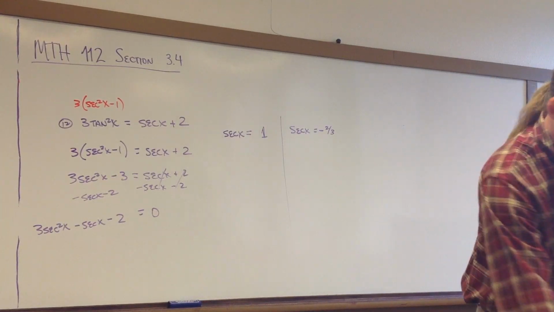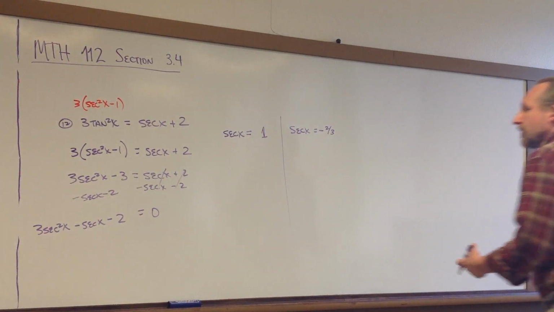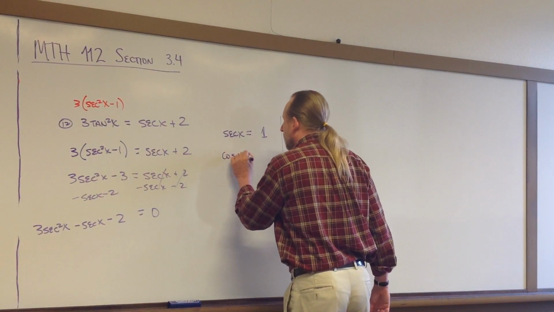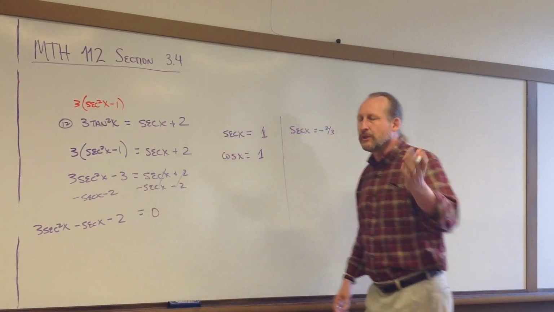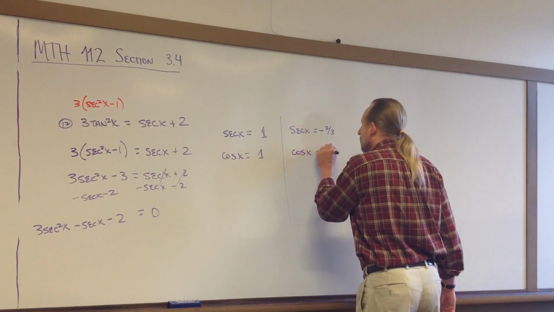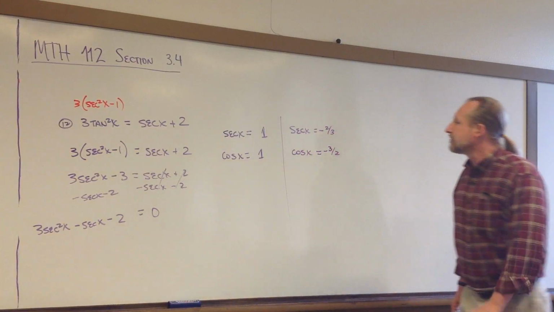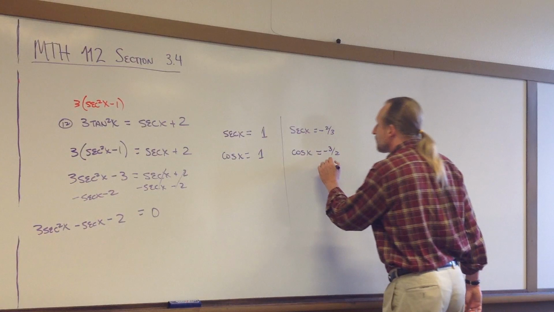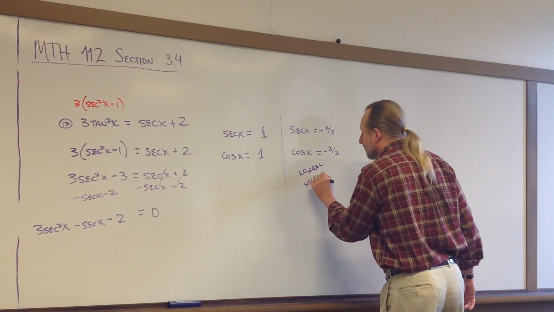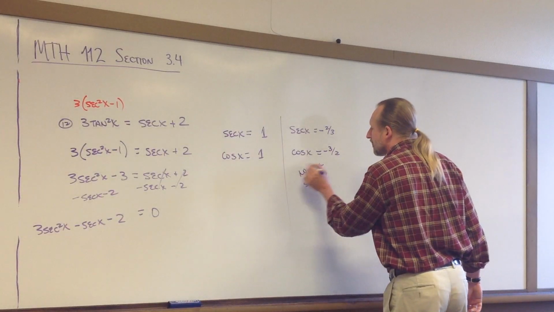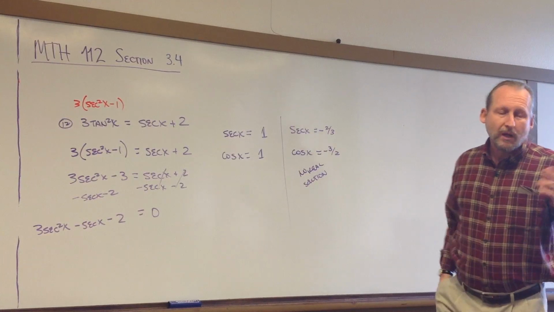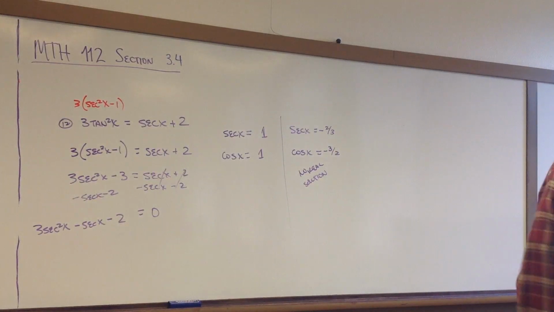Okay, so again, we're working with a reciprocal function, and so we want to rewrite this as cosine x is the reciprocal of 1, which is still 1. Over here, cosine x is going to be the reciprocal of negative 2/3, which is negative 3/2. No real solution, right? Because this is less than negative 1. So over here, cosine x equal to 1. We can do that on the calculator.